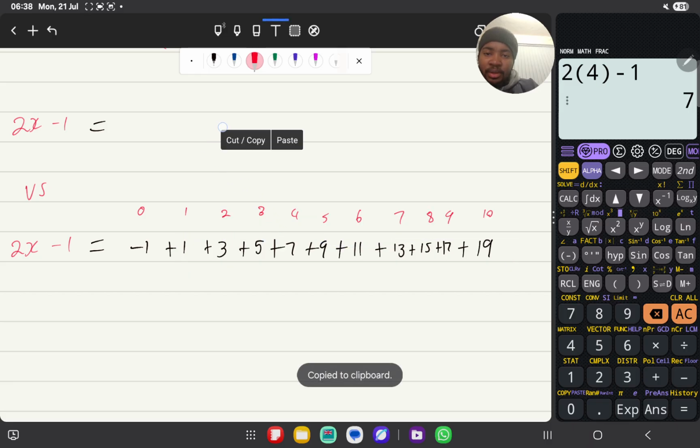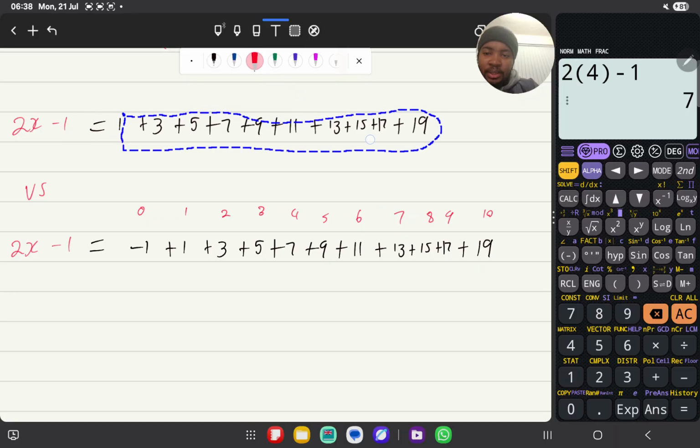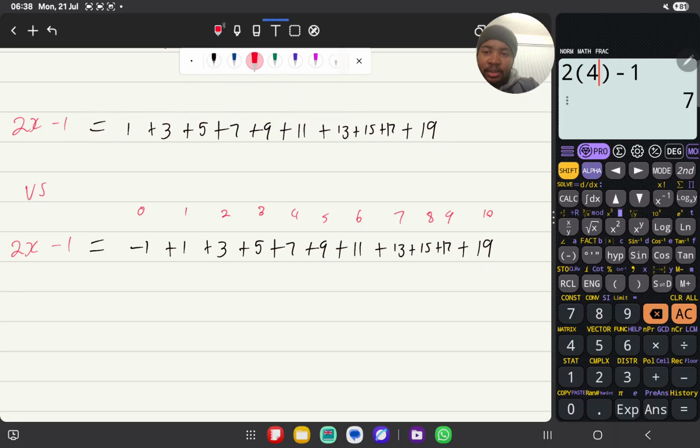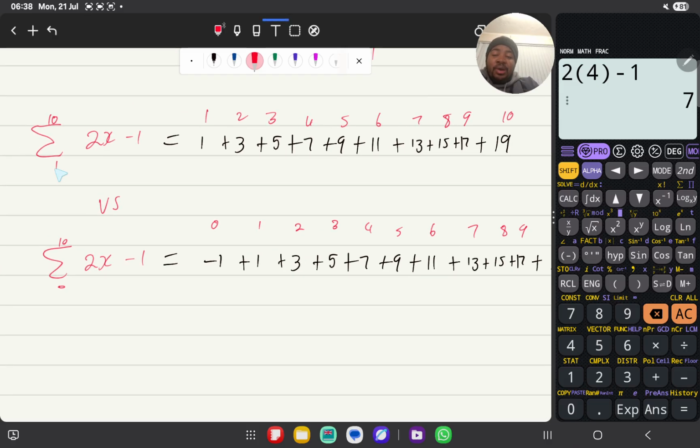Copy, paste. And then this will be 1, 2, 3, 4, 5, 6, 7, 8, 9, 10. So now if I count the numbers here, starting from 1, I have 10 numbers.